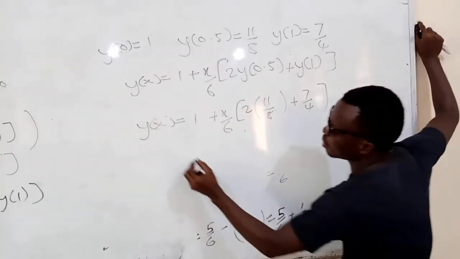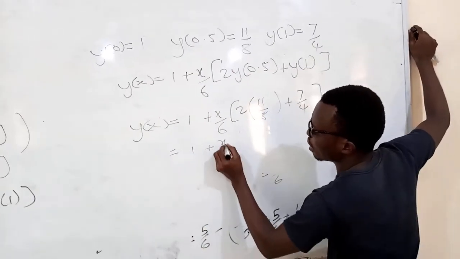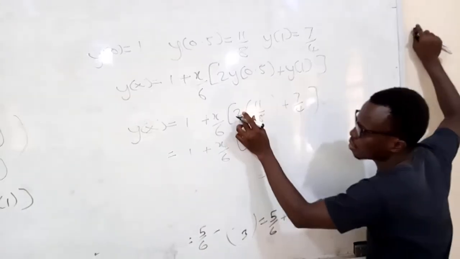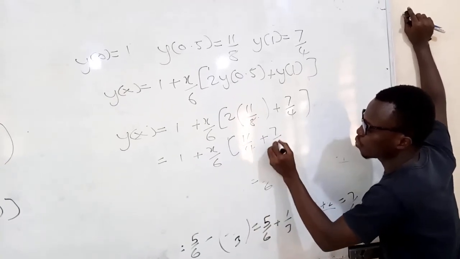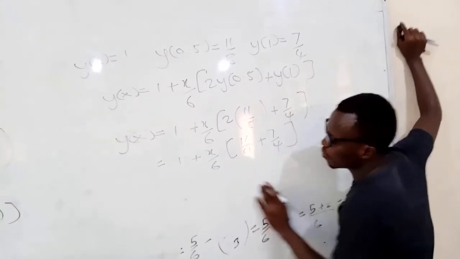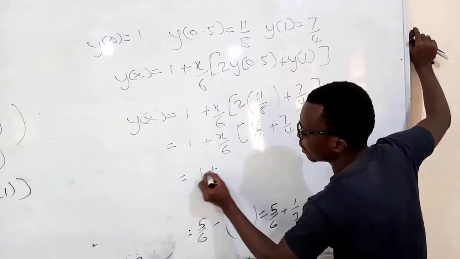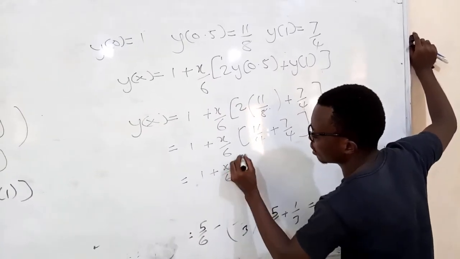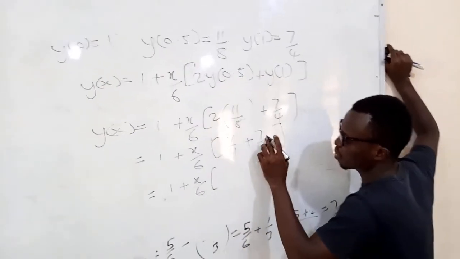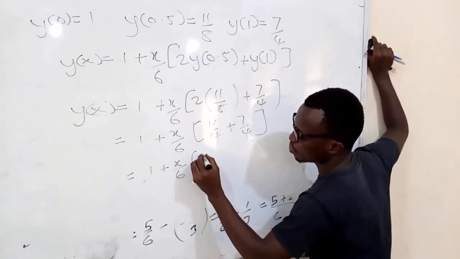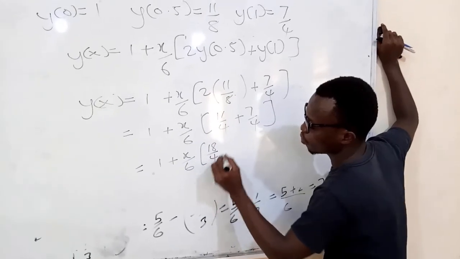So here becomes 1 plus s over 6, the same as 11 out of 4 plus 7 out of 4. Then here becomes 11 plus 7 gives me 18 divided by 4.